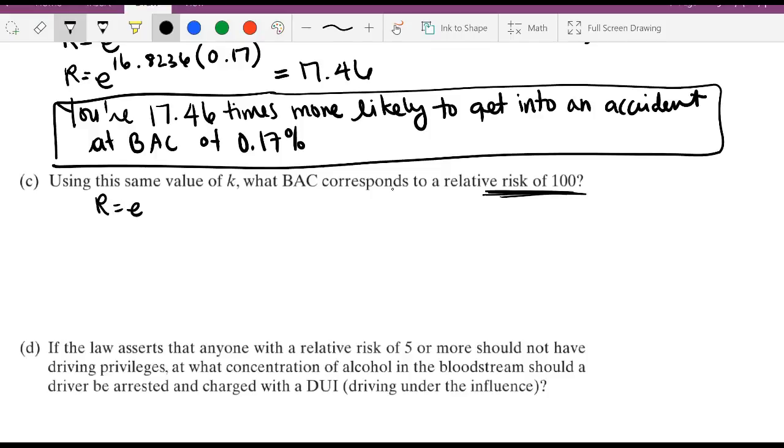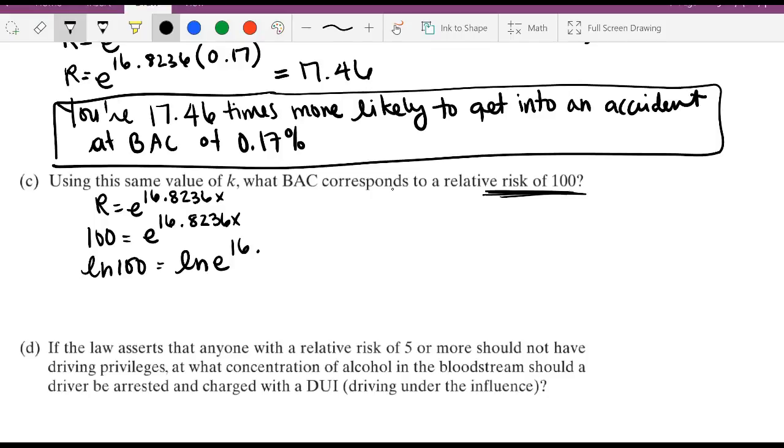R equals e to the K, which we already have, 16.8236 times X. It gave you the relative risk of 100, so we're going to plug that in. 100 equals e to the 16.8236x. You have to take the natural log of both sides. So natural log of 100 equals natural log of e to the power 16.8236x. Okay, that goes to 1.